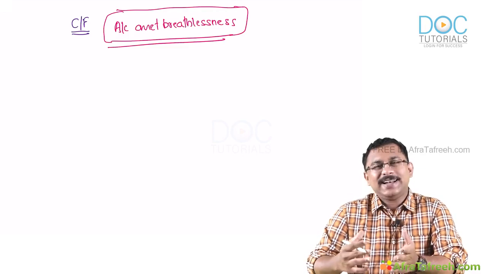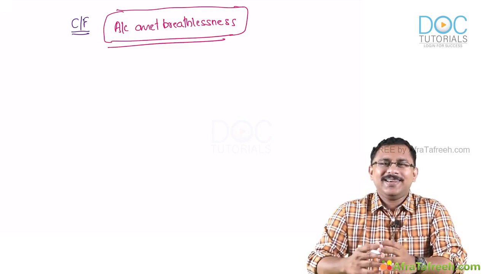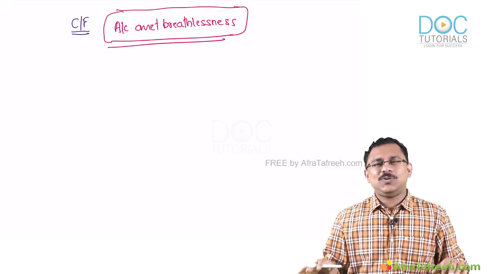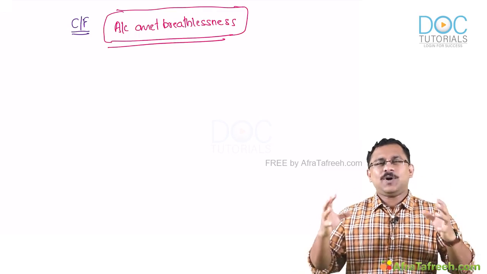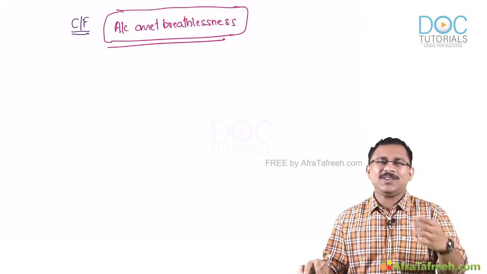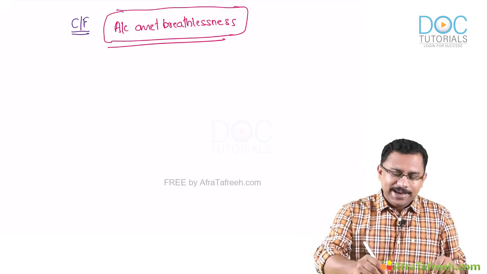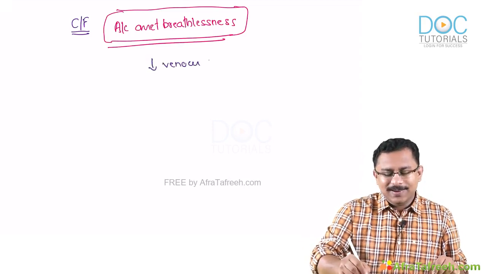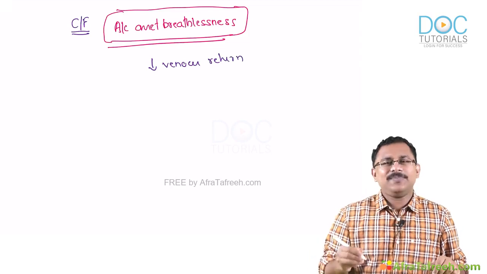Now suppose it is a tension pneumothorax. The other types of pneumothorax would present with breathlessness, but the problem with tension pneumothorax is so much positive pressure, because of which there is so much intrathoracic pressure. So that will decrease the venous return to the heart.